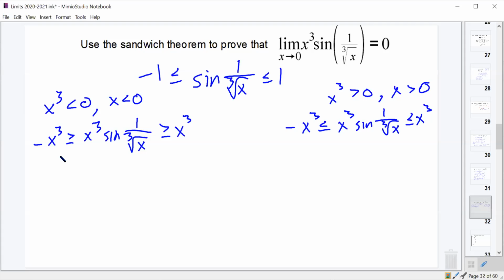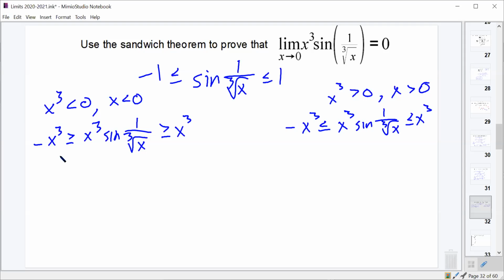Yes, you can. Are you sure? Wait, what was the question? Can you take the limit as x approaches 0 of negative x cubed over here on this side? Normally, we should be able to, right? That shouldn't be a problem, right?